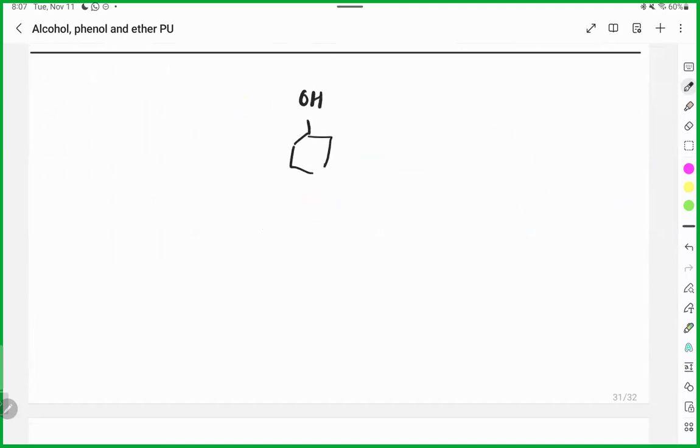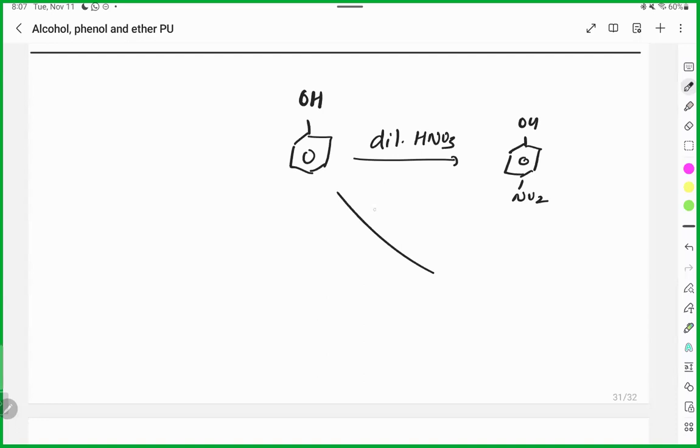and if phenol is reacted with dilute HNO3, then only one product will form, whether it is ortho or para molecule. Correct. If concentrated, then multiple molecules will form. Correct. It is the same here.